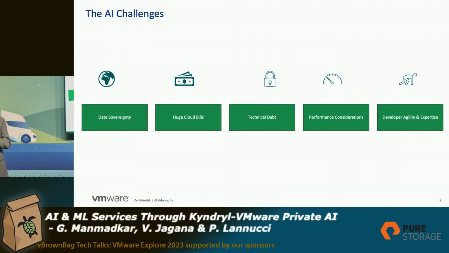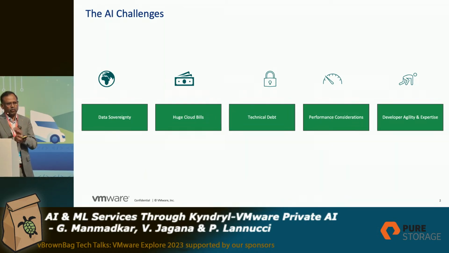And last but not least, primarily from the developer perspective, how do we improve developer productivity by looking at various tooling to accelerate application development? These are all the elements that need to be kept in mind when you try to adopt and build these applications.